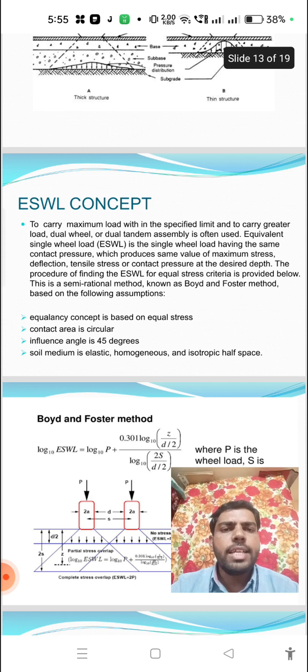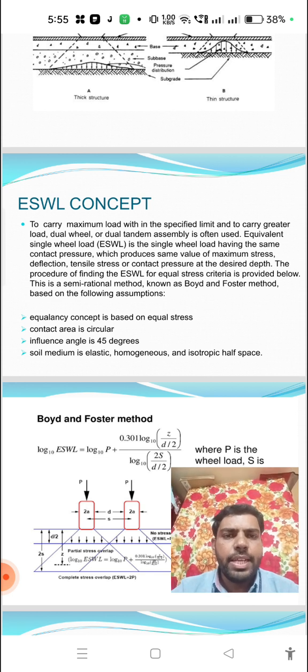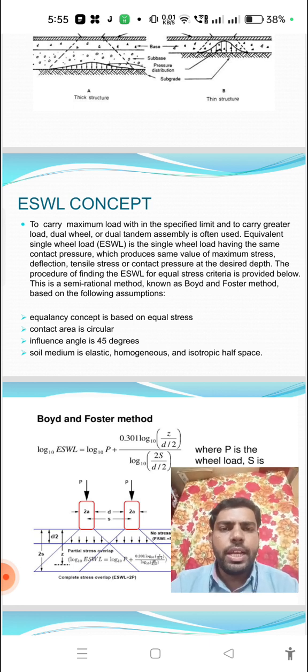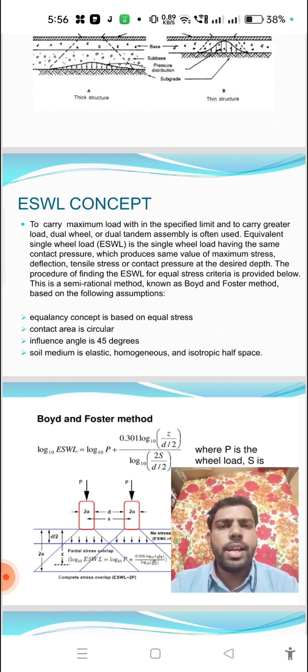This single wheel load is equal to the stresses occurring on the pavement. This is a semi-rational method, developed by the scientists Boyd and Foster, and based on those names this concept is called the ESWL concept.